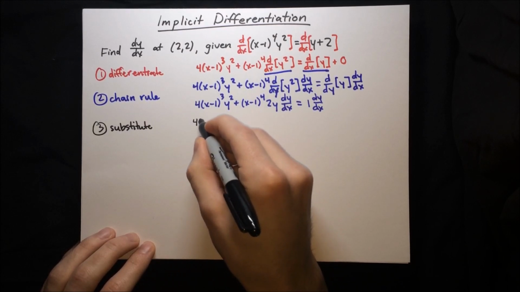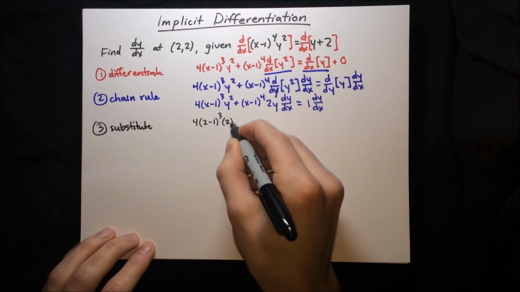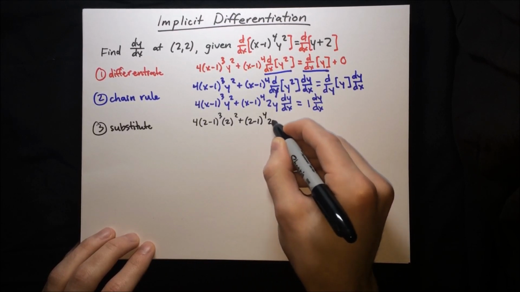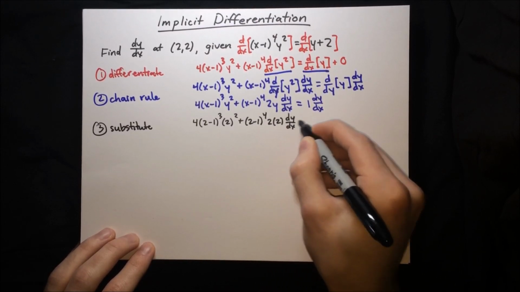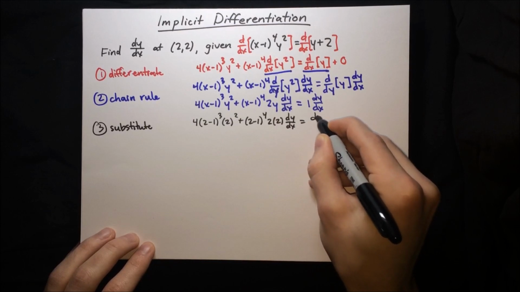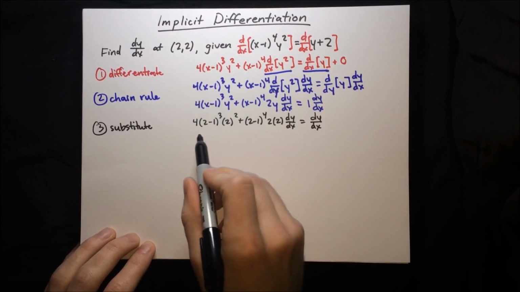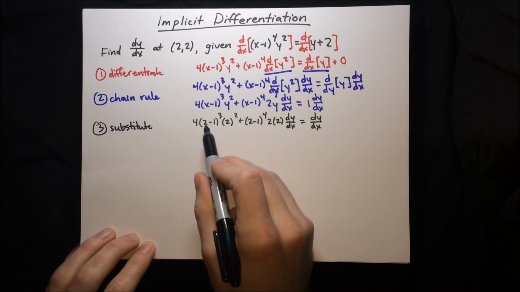So we got 4 times (2 minus 1) cubed times 2 squared plus (2 minus 1) to the fourth times 2 dy dx equals just dy dx. And we can go ahead and compute these. So this is 4 times (2 minus 1) cubed, which is just 1 cubed, which is just 1.